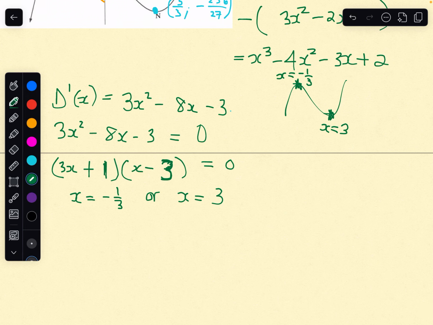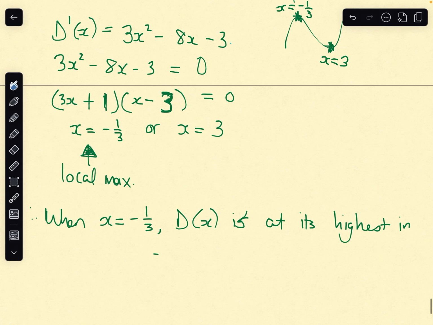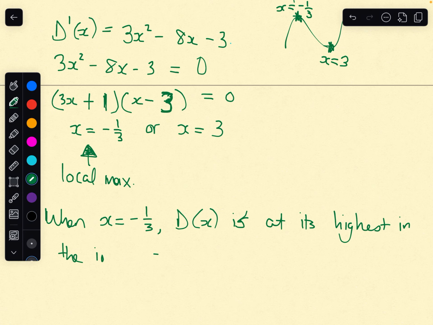So, local max. Therefore, when x is equal to minus a third, d is at its highest in the interval -1 to 0.